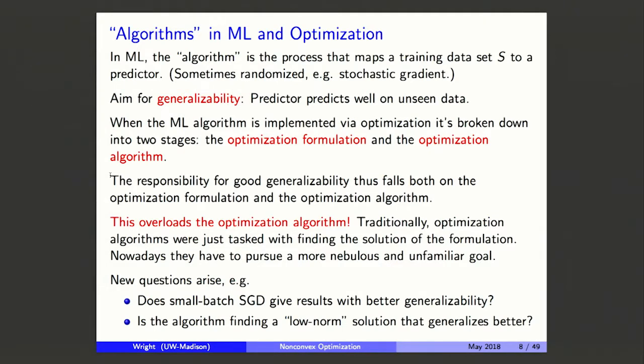And here are a couple of examples of new questions that arise, which are sort of unfamiliar questions which back in the day we didn't have to deal with in analyzing optimization methods. So for example, there's this issue recently, there's some speculation that doing SGD with small batches gives results with better generalizability on neural nets, okay? So this says nothing about whether it does a better job at minimizing the training error.